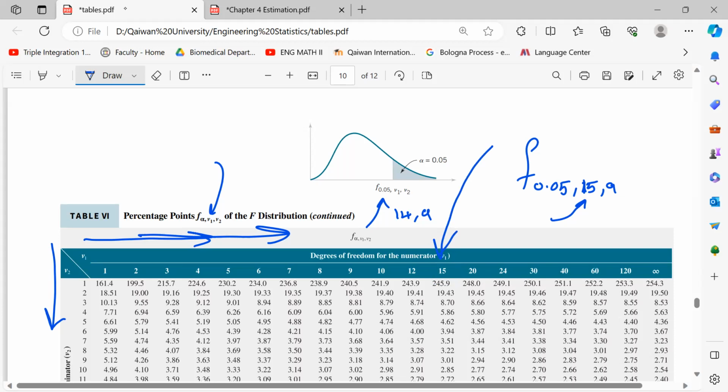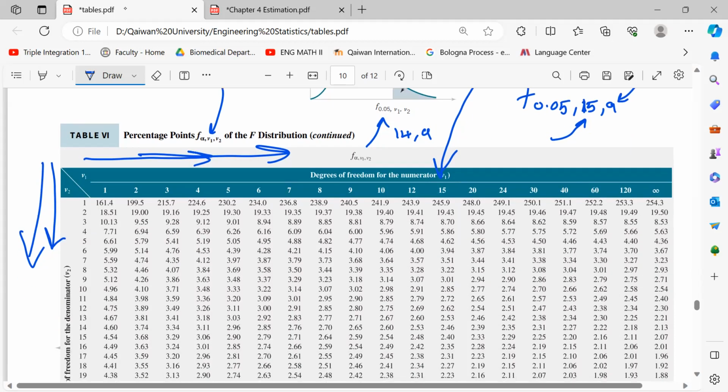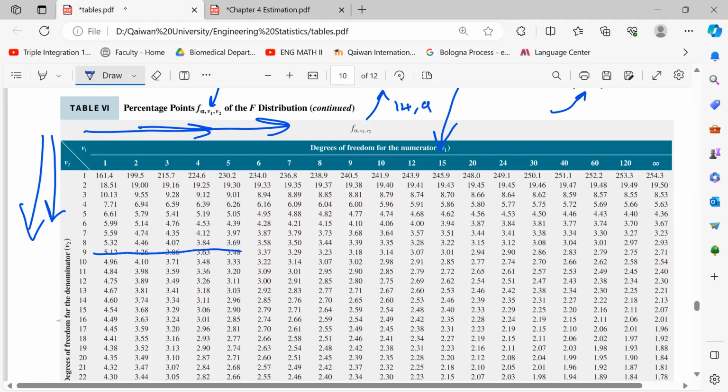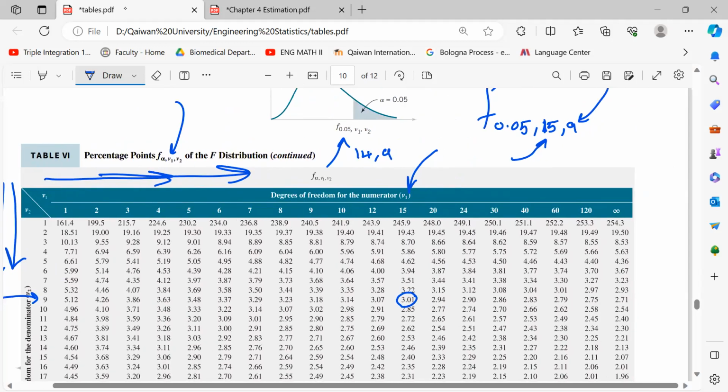And here, vertically, we look for the second component, which is 9. Go through these to get the value at 15 and 9. That's 3.01. Okay, that's how to use the F table.